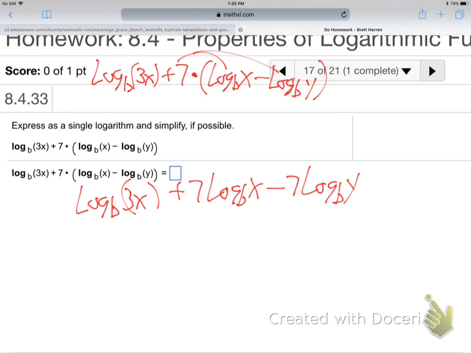And then, what do they want you to do? Single log. So crunch them all together into one log.